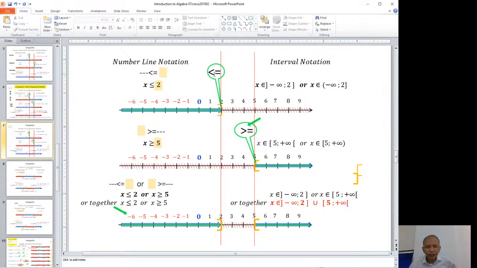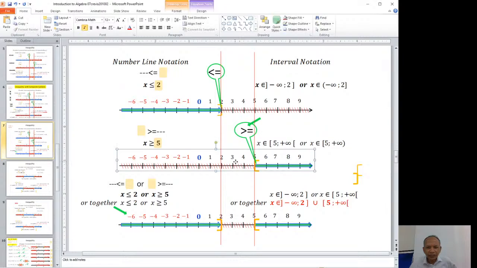So above here, x is smaller than or equal to 2, and down here, x is bigger than or equal to 5. So the middle values are from here: 2.01, 2.0001, 2.2, 2.3, 2.9, 3, 4, and then 4.8, 4.99999, and then 5.